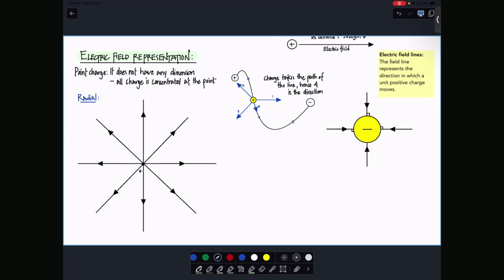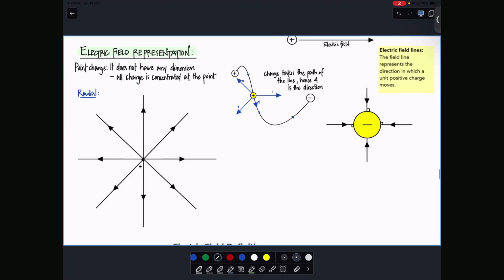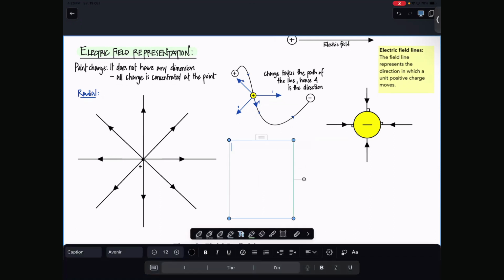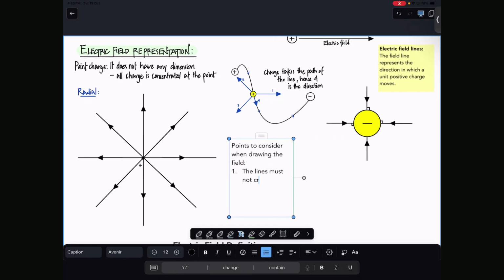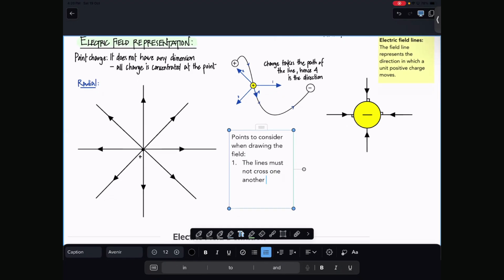Okay, a few points that you need to keep in mind when dealing with these fields. But if you have questions, tell me, because I'm going to ask you to draw some fields right now. Okay, so see if you have any questions. So points to consider when drawing the field. One is the lines must not cross one another.